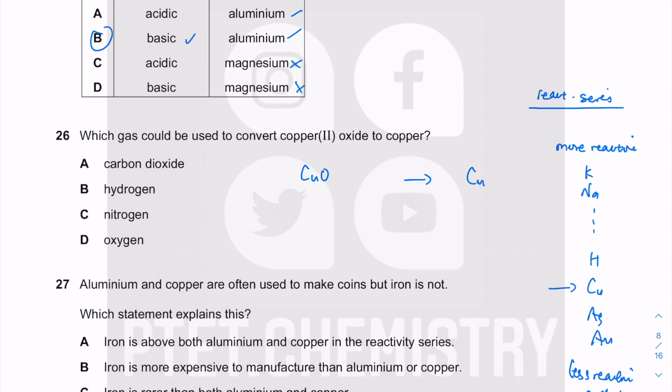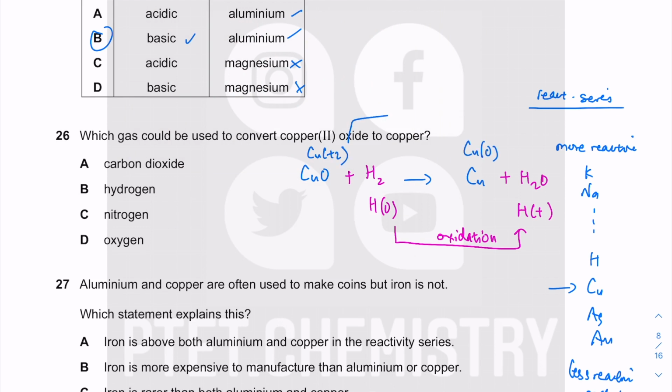Copper is below hydrogen in the reactivity series, so you could use hydrogen gas. Hydrogen gas can reduce copper 2 to copper, and itself will form H2O. So this one is hydrogen 0, this one is hydrogen plus 1, so that is oxidation. It is itself being oxidized, but it reduces the copper 2 plus, which is copper plus 2 in copper 2 oxide, to give you copper 0. So this is reduction. So overall, this is a redox reaction.